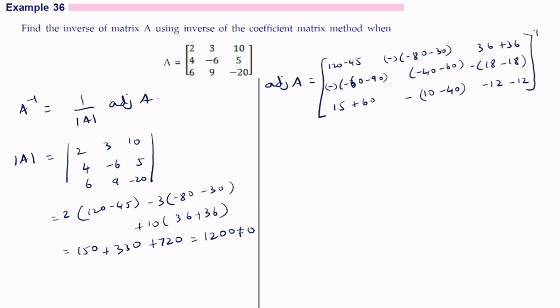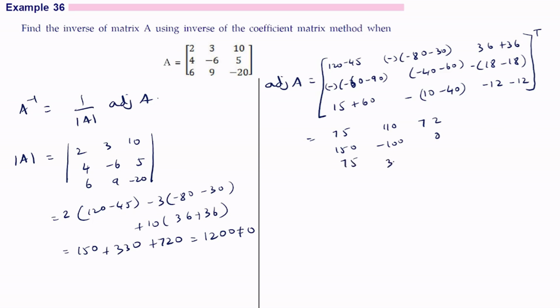The whole transpose. So here it is 120 minus 45, 75. Here it is minus of minus 110 plus 110. This is 72. And here it is minus of minus 150 plus 150. Then minus 100, 0. Then 15 plus 60, 75.